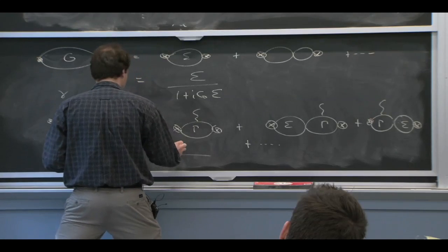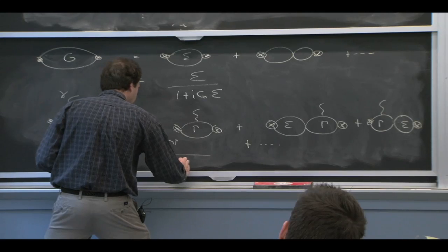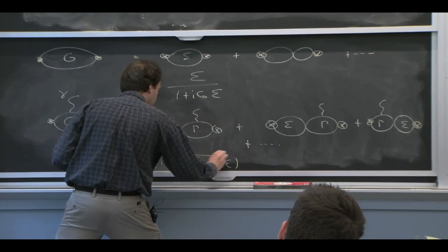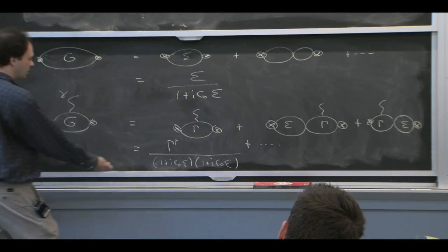It's just gamma, which carries the indices. And then there's now a geometric series on both sides. So when I sum them up, I get that.